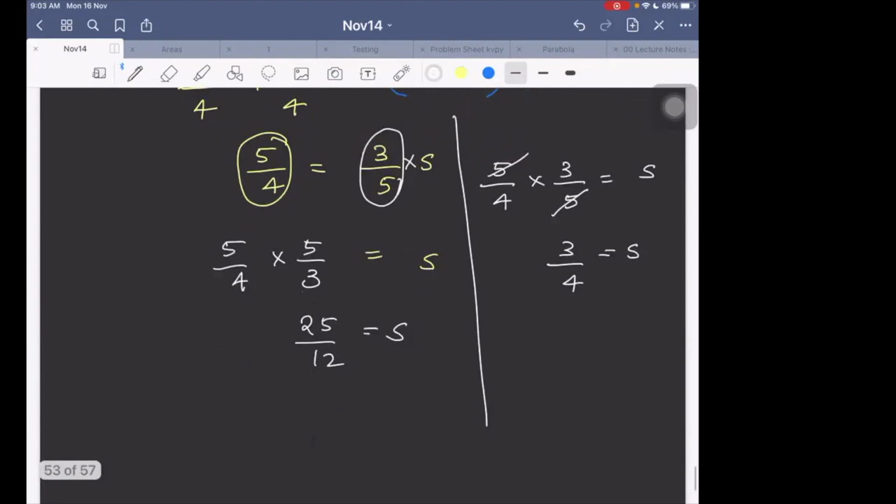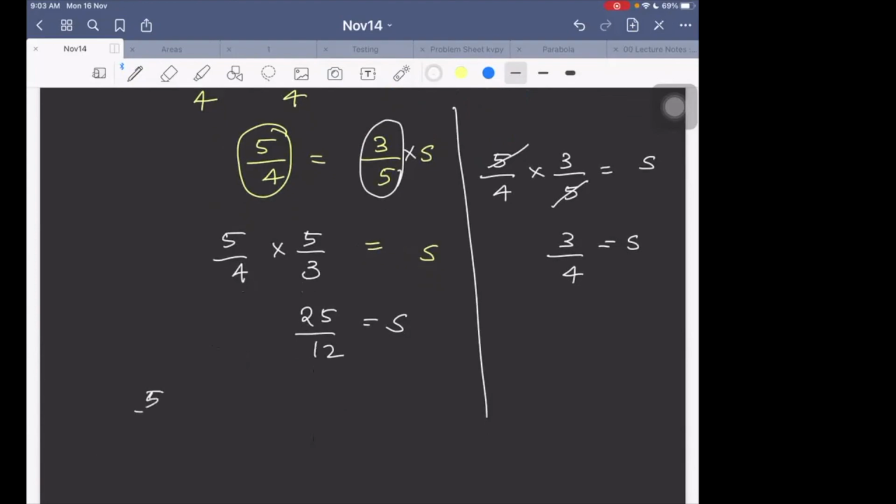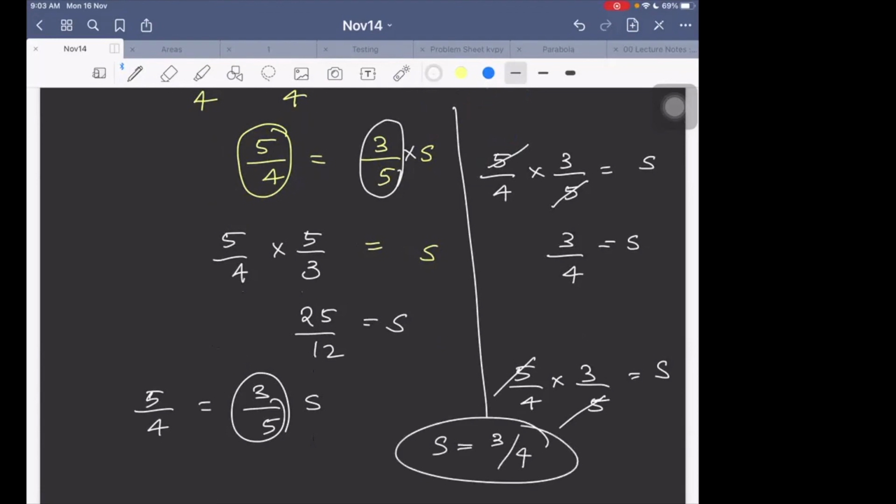It is natural. We have 5/4 is equal to 3/5 s. And when you take 3/5 to the other side, suppose you write this as 3/5, and you feel good because 5 and 5 are getting cancelled off, and you're getting a very neat number, 3/4. Much, much neater than 25/12, right?